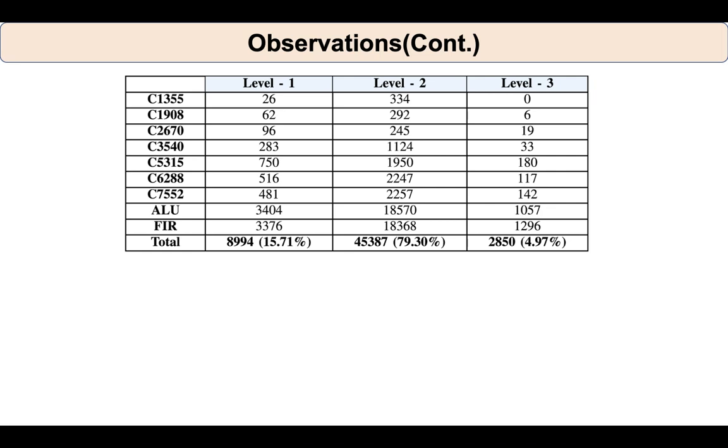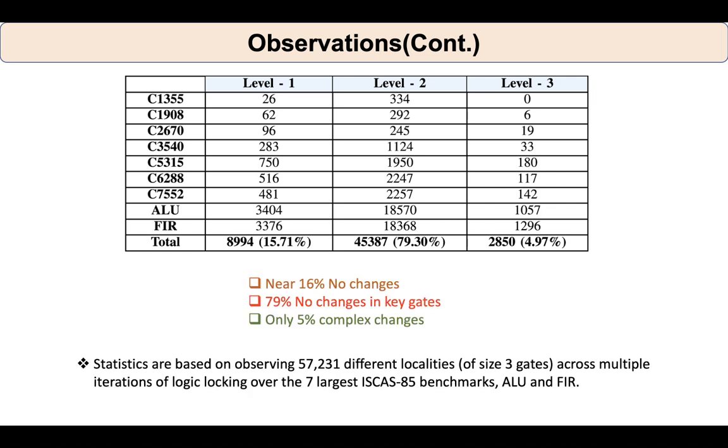For 57,000 gate localities, we note that 16% of key inserted localities do not go through any structural changes.